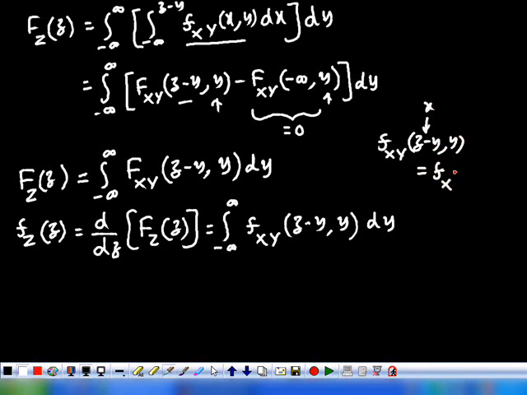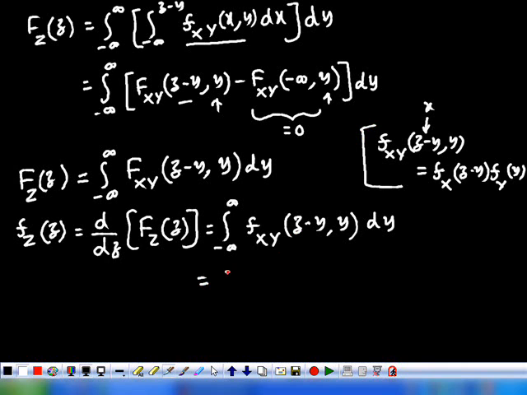This can be written as f_X(x) into f_Y(y). Why? Because the assumption is the two random variables X and Y are statistically independent. Z is the sum of two statistically independent random variables. So if the two random variables are independent, then f_XY(x, y) is equivalent to f_X(x) into f_Y(y).